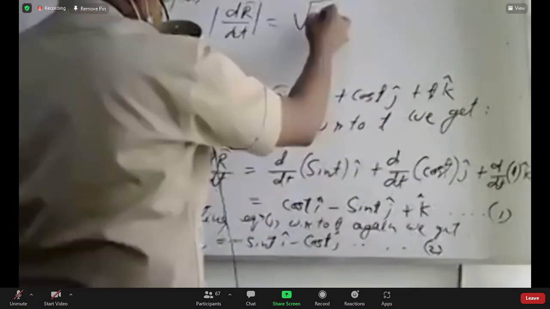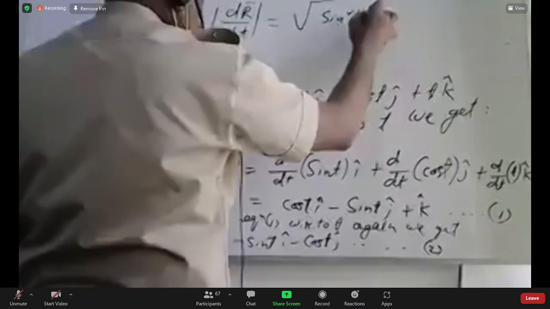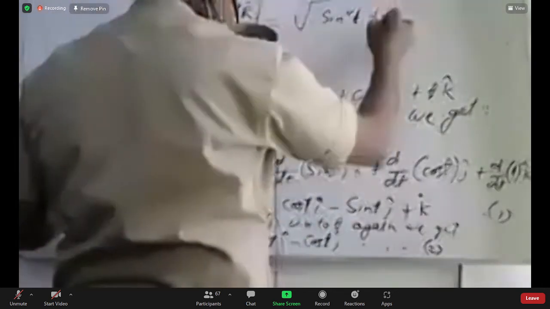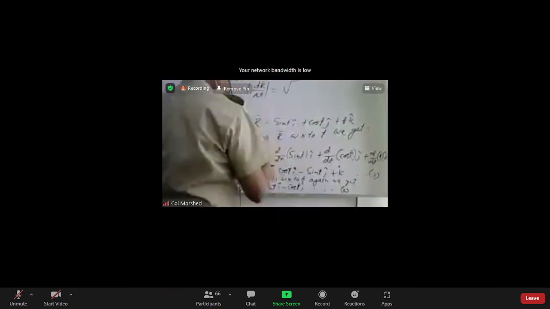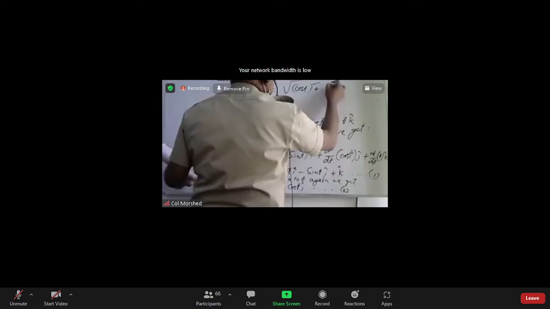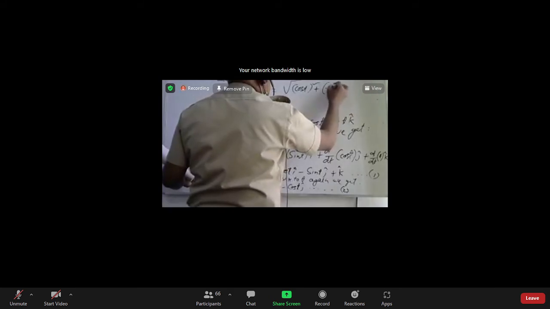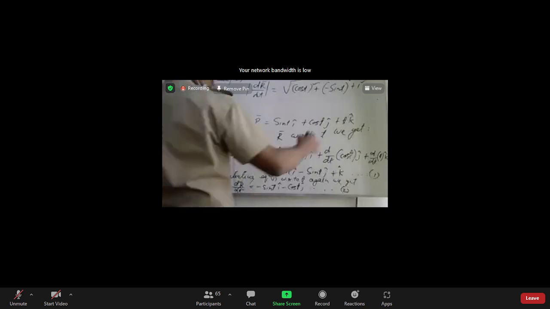Oh sorry, not sin square. This is equation number 1, isn't it? So it will be cos t whole square plus minus sin t whole square plus 1 square, isn't it? Understood?